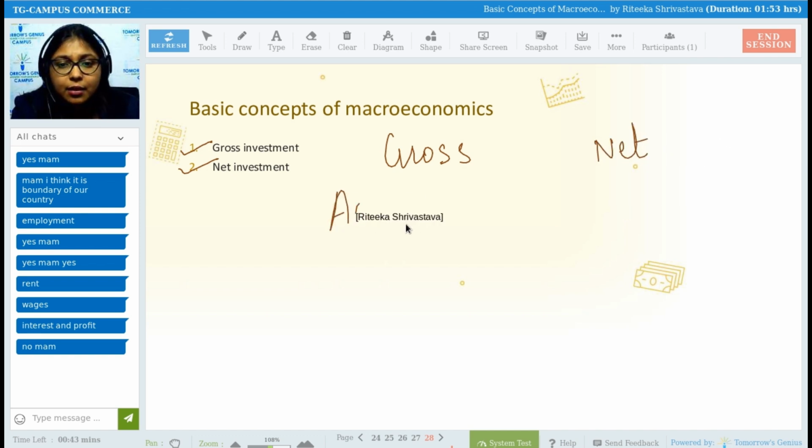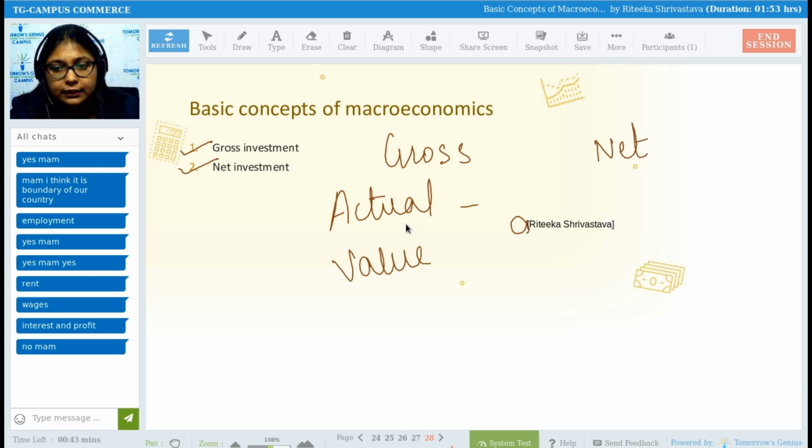Gross means nothing but the actual value, whereas net means the deductions done from the actual value, and the total money which is remaining in our hands is called net.